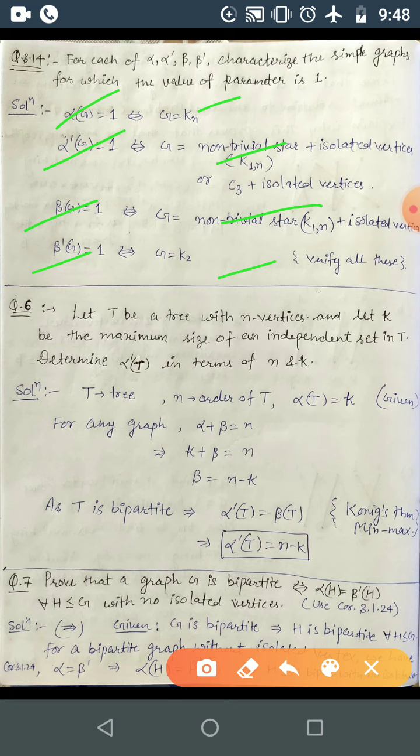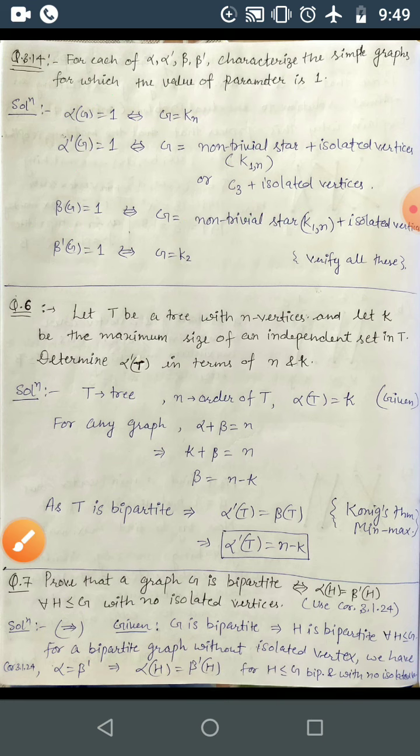You can do this conversely: if G is equal to K2, then you get beta dash of G as 1, and in the same way you can consider G as a non-trivial star added with some isolated vertices, and then you get minimum vertex cover 1 and so on. So you can verify it.